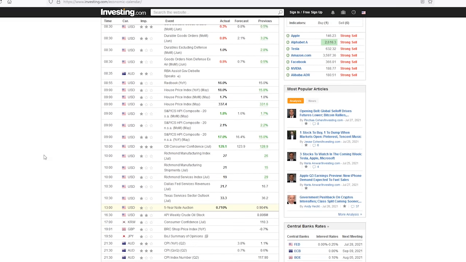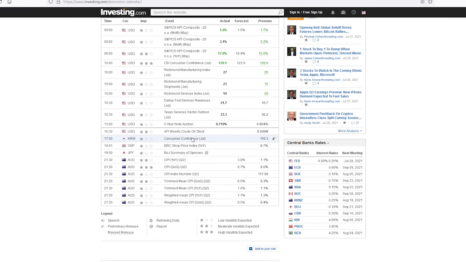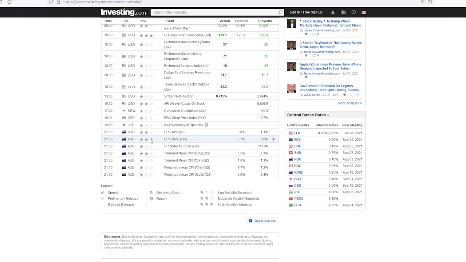But there has been some positive news out of the US with consumer confidence. And we've got some CPI numbers coming later today, tonight, morning time in Australia. CPI numbers coming, which really are very important when there's fear about potential inflation. These consumer pricing index numbers that come out for various countries around the world are really looked at closely.